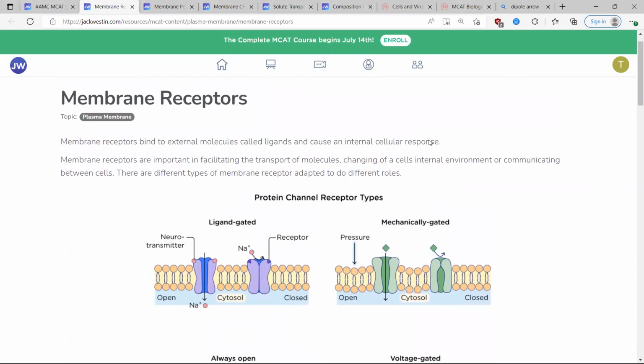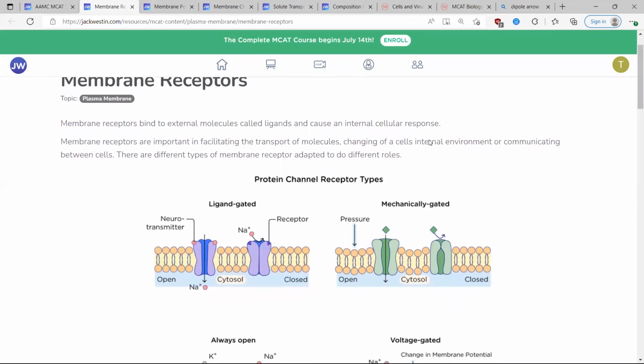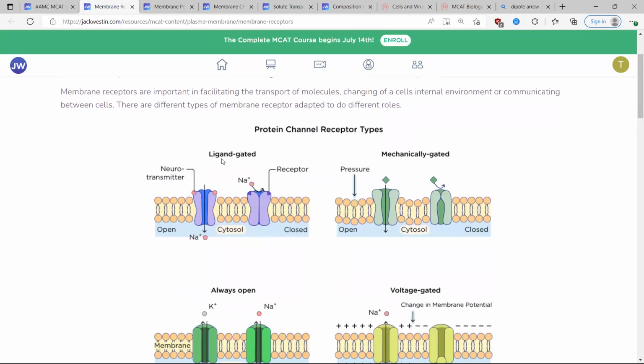So we talked about channels and pumps, but how are they actually regulated, right? I said there are ligand gated receptors or channels, and a ligand gated channel is closed unless the ligand is bound. For example, here's a neurotransmitter, right? Maybe you don't want to accept sodium unless the neurotransmitter is trying to get a signal across. If the neurotransmitter binds, then this channel opens and sodium is allowed to come in.